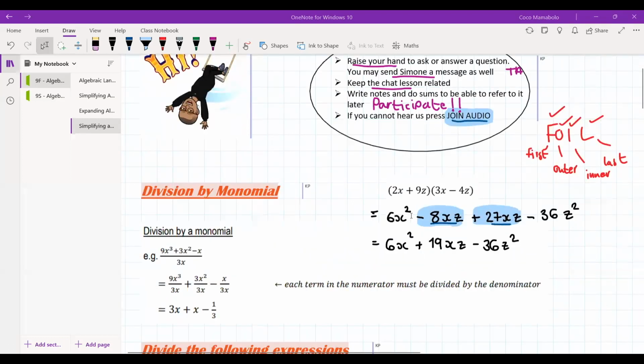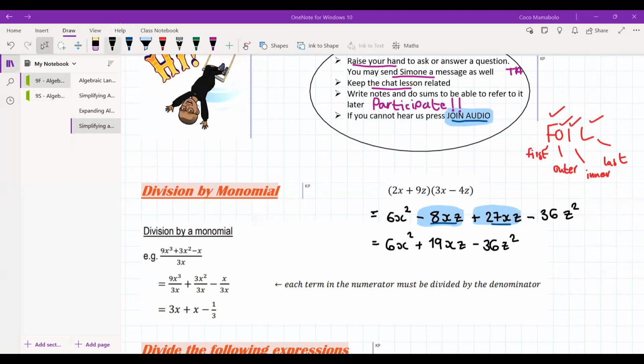And division is a little bit tricky in that there is a different way that we do things now than how we're going to do it a little bit later on. You guys haven't learned how to factorize yet. So as soon as we learn how to factorize, we're going to teach you the other way of dividing a bigger number.